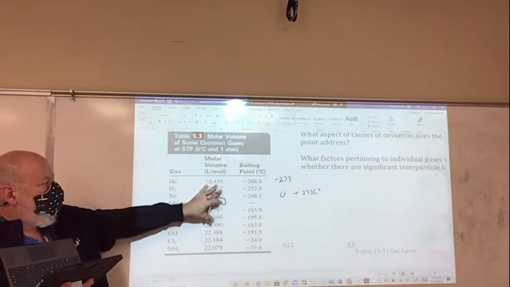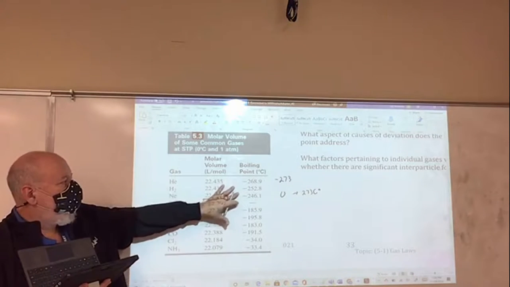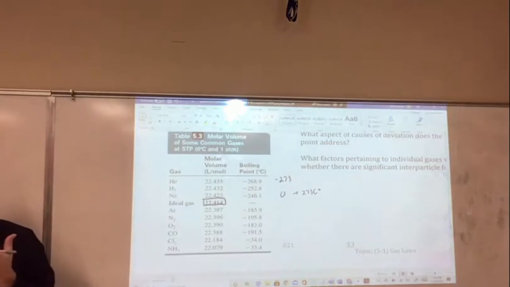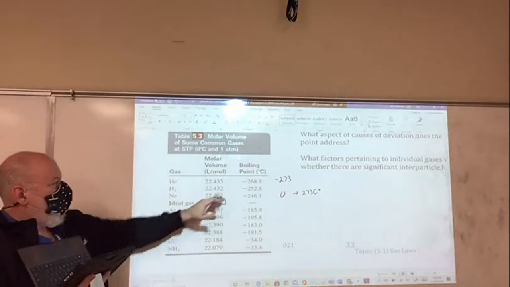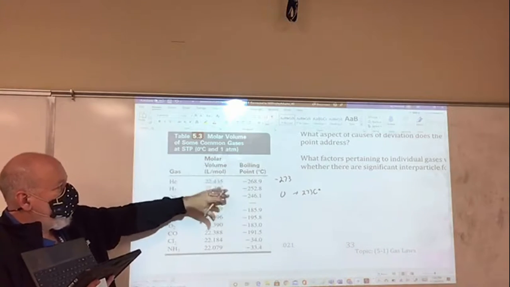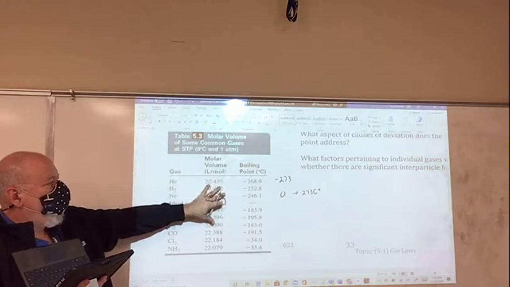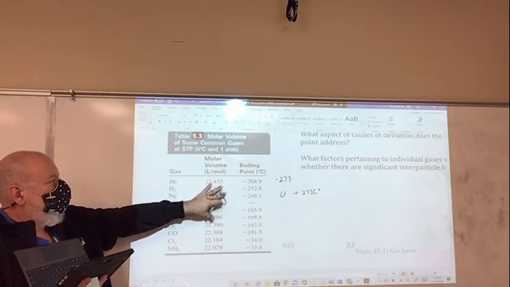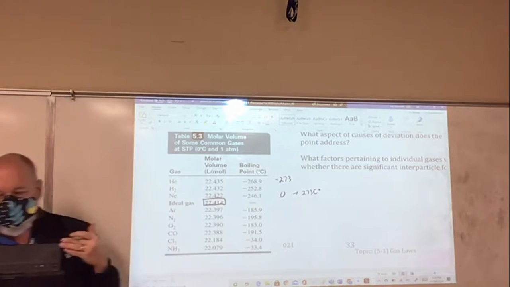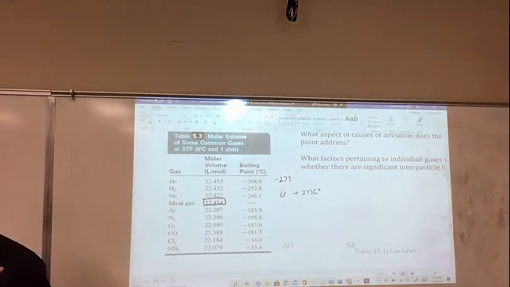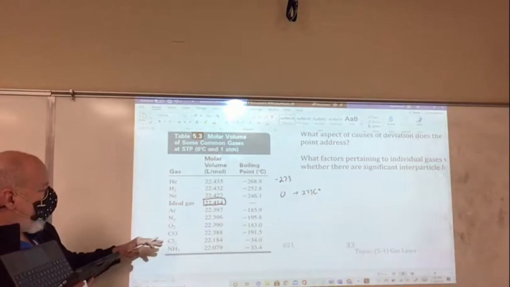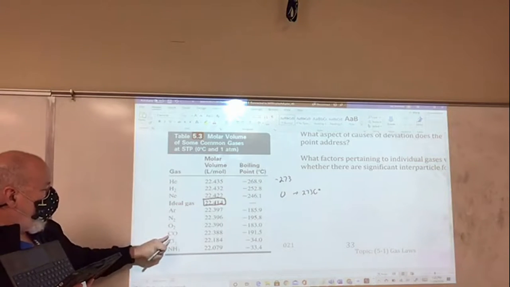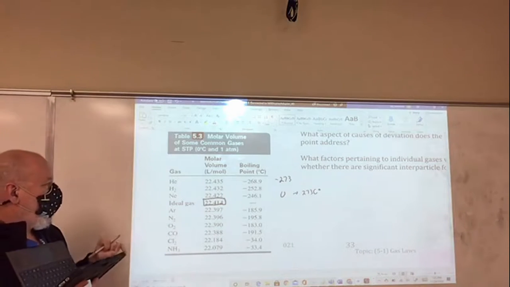And the AP test loves to have you interpret graphs or lists or tables like this. A really high likelihood question is you're going to get a table like this and be asked what does this say about the strength of interparticle forces of such and such, or they'll ask you to compare the strength of the interparticle forces between particles of carbon monoxide and particles of neon.